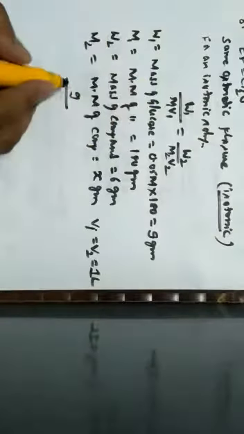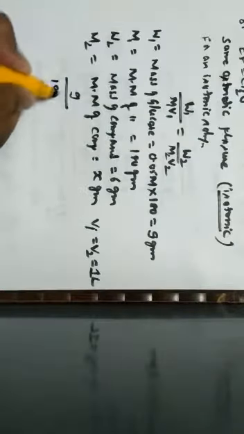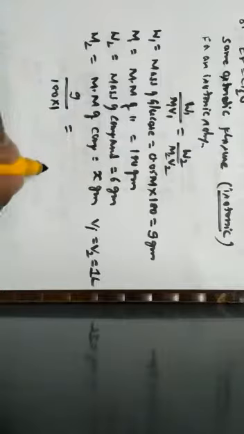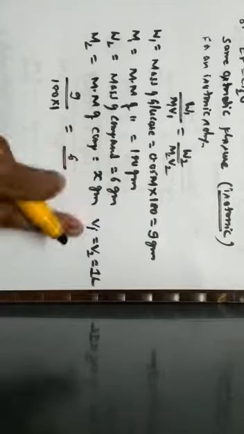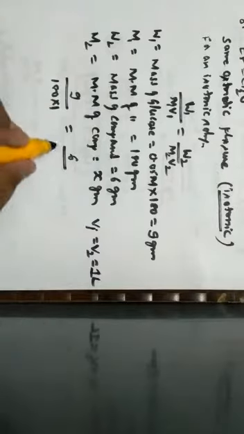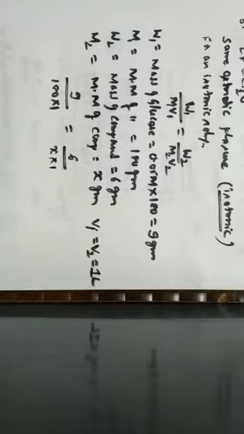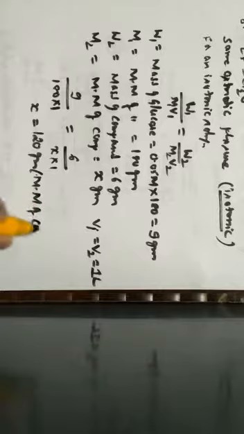M1 is 180, which can be written as 180 into 1, that is equal to W2, which is 6, divided by M2, that is X, into 1. If I calculate the value of X, it comes out to be 120 grams. So this 120 grams is the molecular mass of the compound.